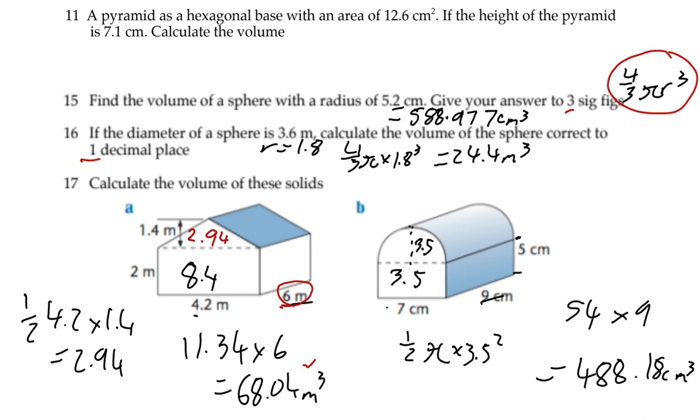For your last one, you've just got to get the area of this rectangle part in here. 7 times 5 is 35. So don't worry about that little dot. You've got 35. And then at the top here, you've got half a circle. So you would normally do pi r squared, but instead you're going to do half pi r squared because it's half a circle.